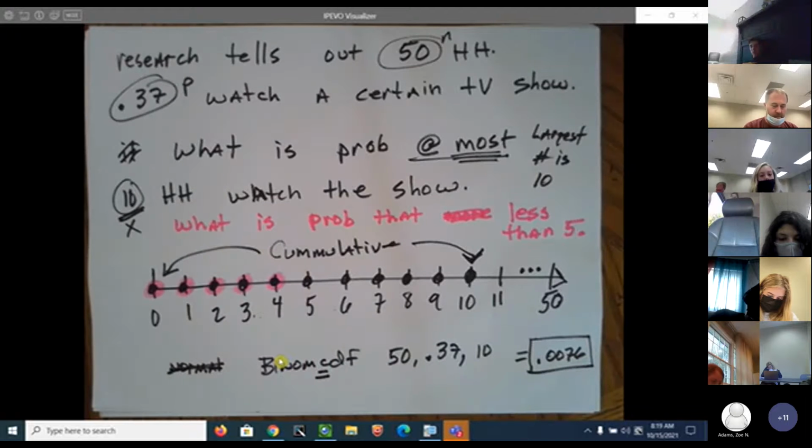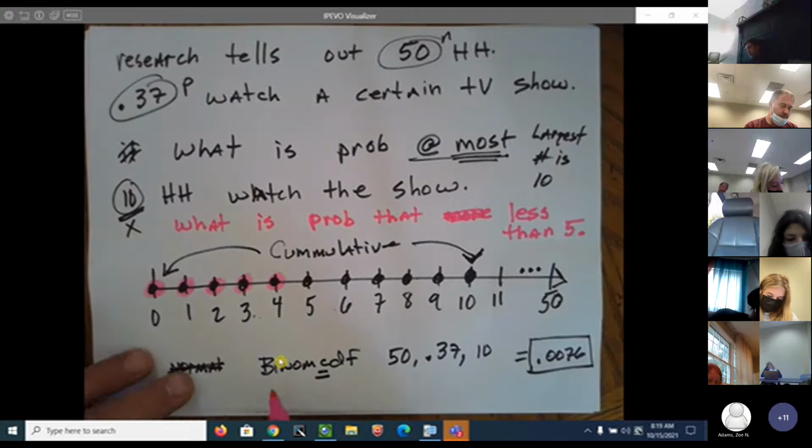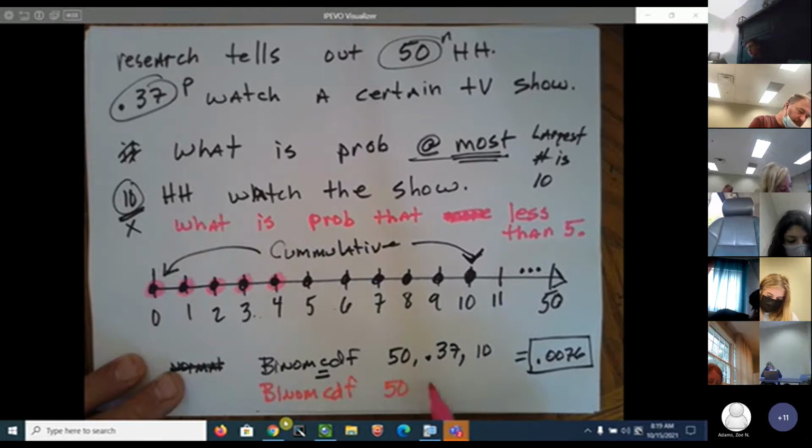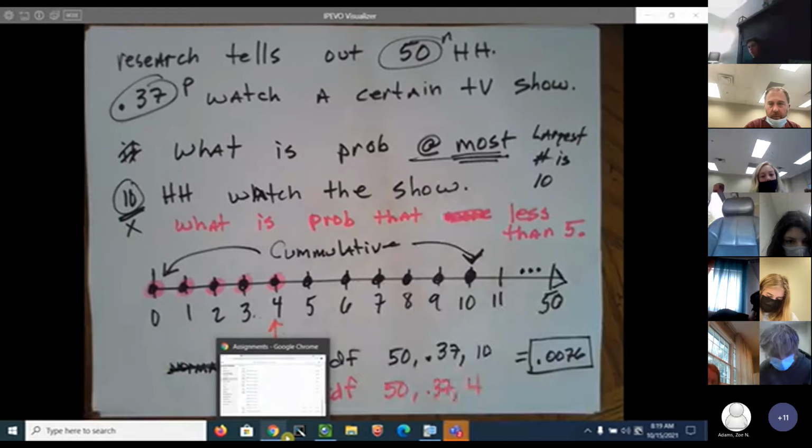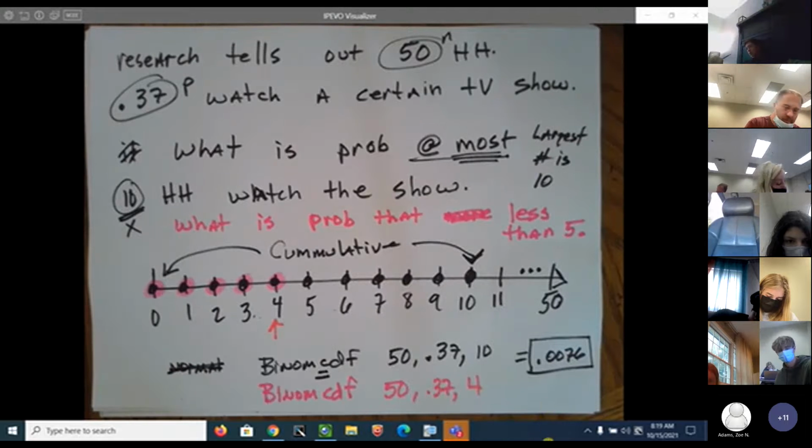No. So in this case, you would do cumulative: binomial CDF, 50, 0.37, and not 5, but 4. Okay, so that's how you do that.